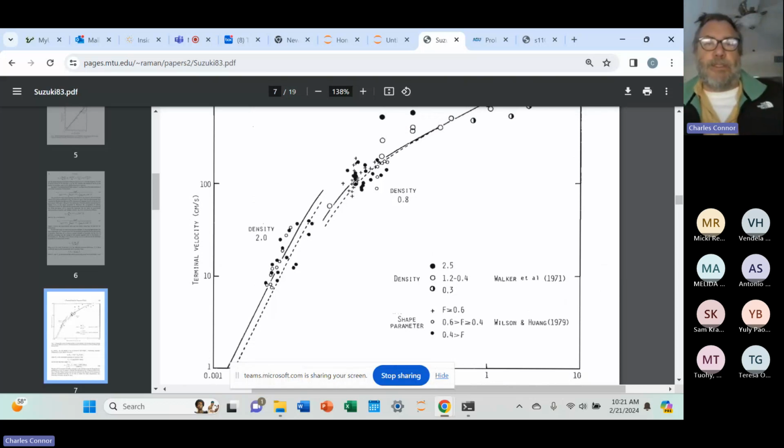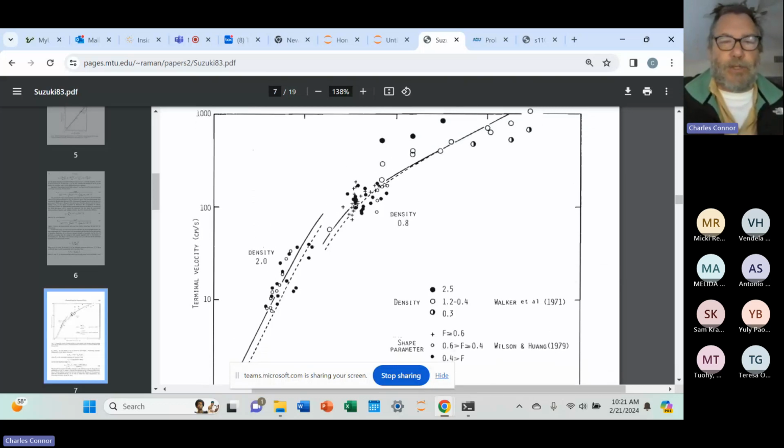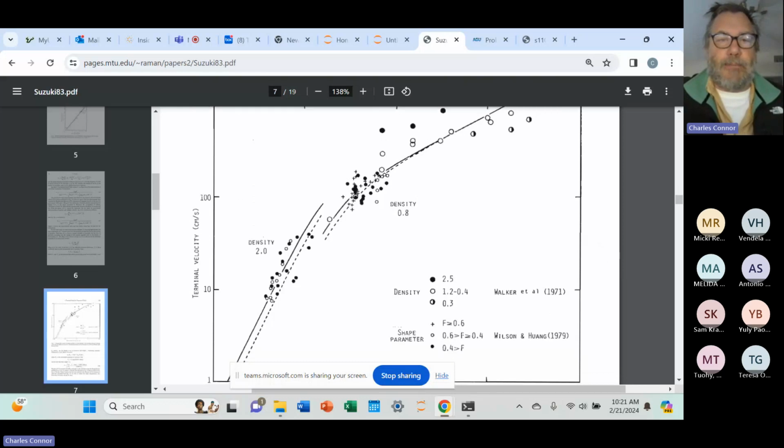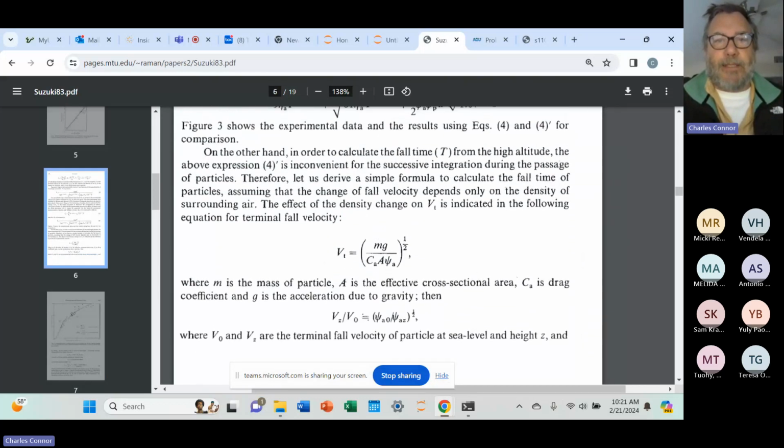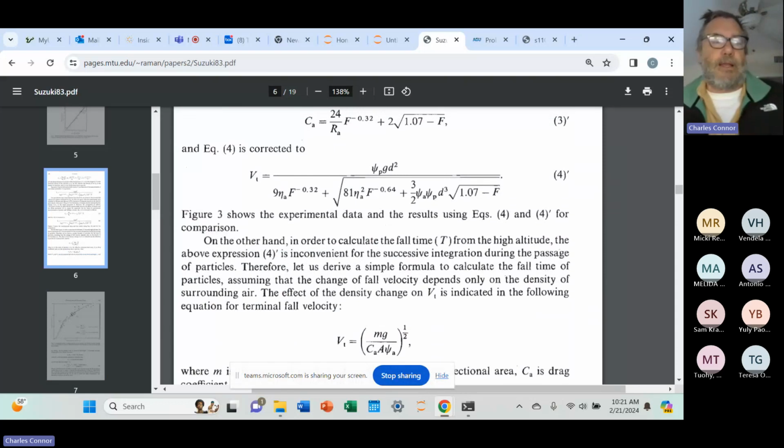Essentially, the shape of the particle influences the settling velocity in the atmosphere. And so you can see that there's some sort of general relationship, and Suzuki came up with this rather complicated, rather cumbersome equation to describe what that relationship might be.